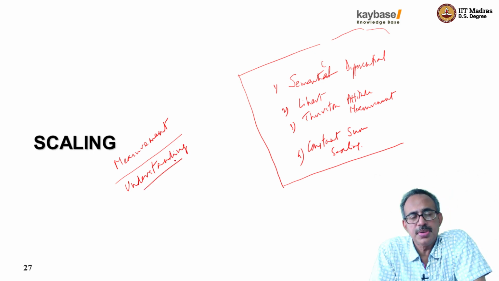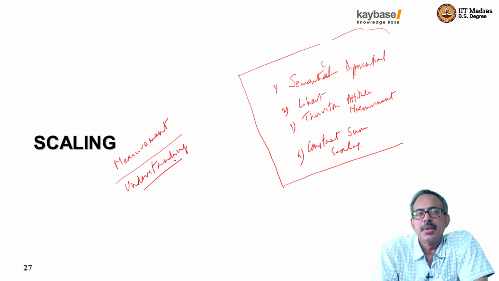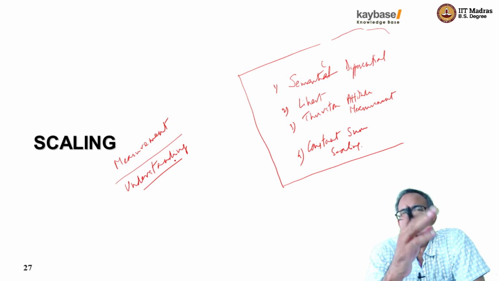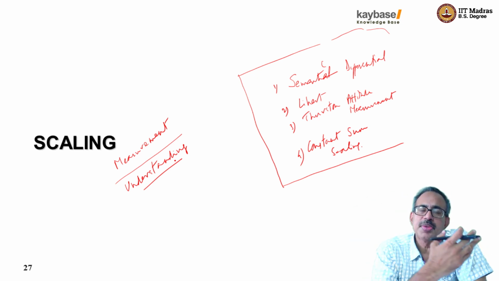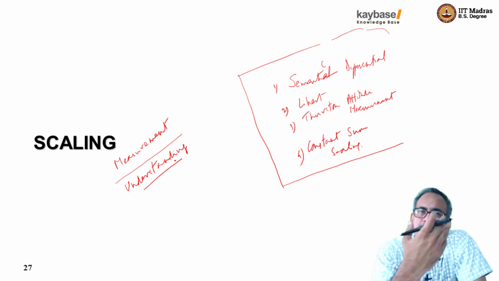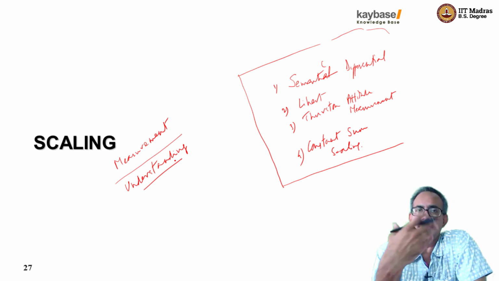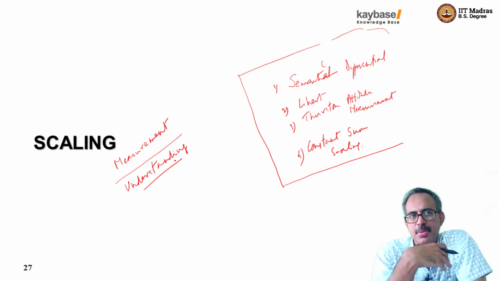Sometimes it involves measurement, sometimes it doesn't, and we will see that. Essentially, it's about correctly understanding whether the respondent has a positive or a negative opinion, how much positive, how much negative, about which things he has a more positive opinion, where he has a stronger like or dislike, and so on and so forth. We need to understand it. That's what scaling is all about.